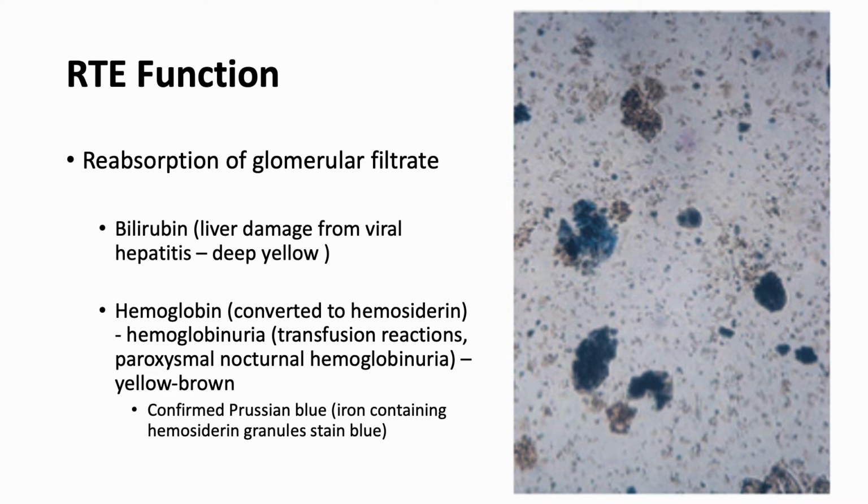Yellow-brown structures present in the cytoplasm of renal tubular epithelial cells in cases of hemoglobinuria in transfusion reactions or paroxysmal nocturnal hemoglobinuria can indicate the presence of hemoglobin or reabsorption of hemoglobin, and this can be confirmed by staining with Prussian blue stain where the iron-containing hemosiderin granules are stained blue.